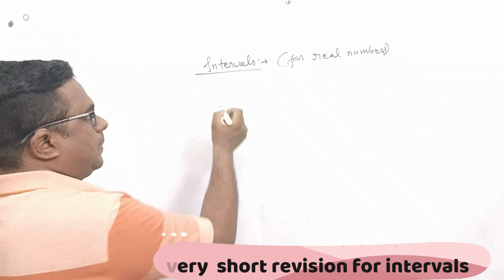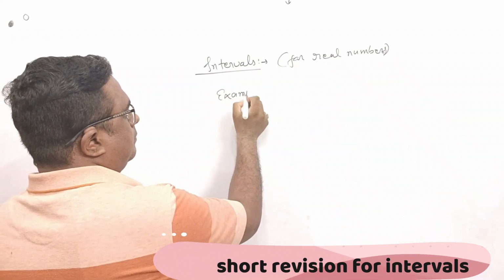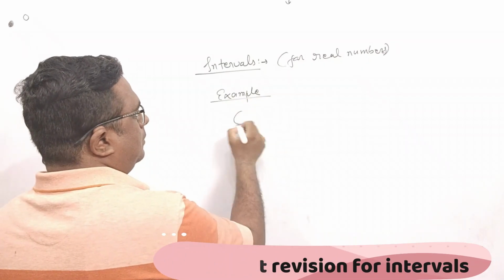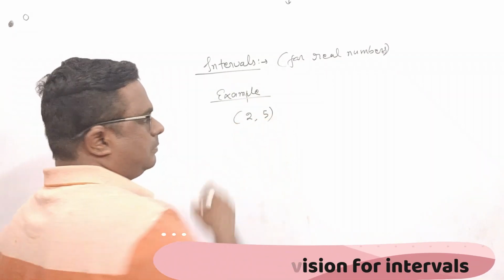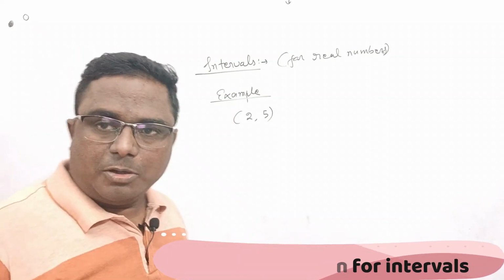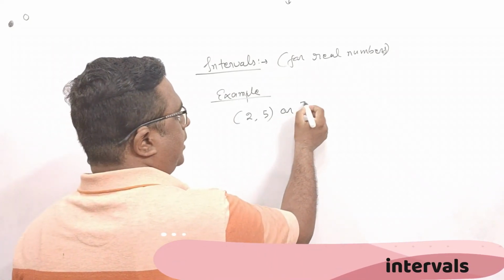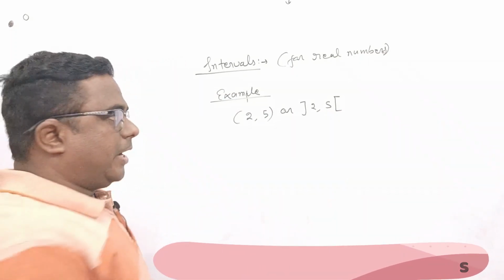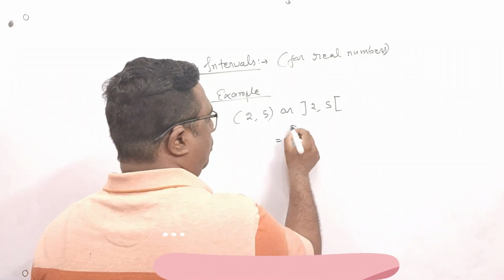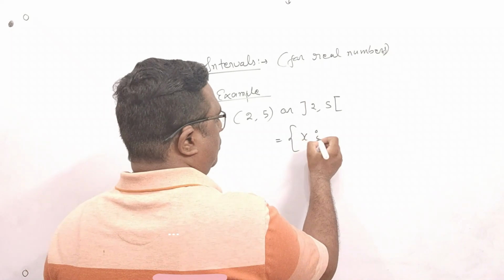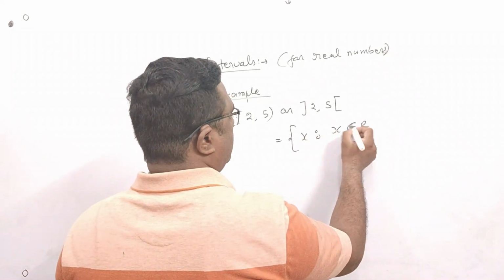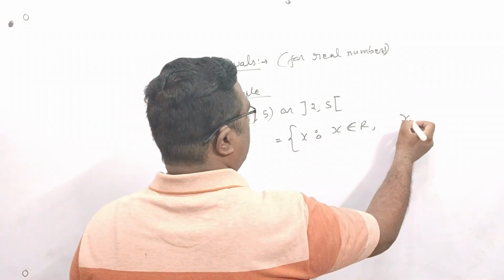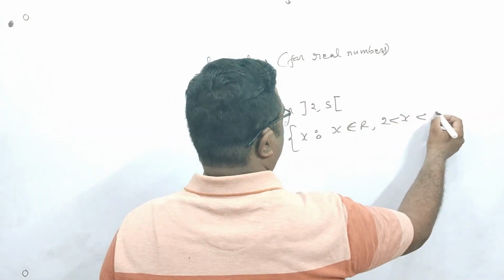Suppose I give you open interval (2, 5). This is open interval (2, 5), or you can write it like this also. Then what is the meaning of this? Actually, it is the set of all those real numbers which are greater than 2 and less than 5.